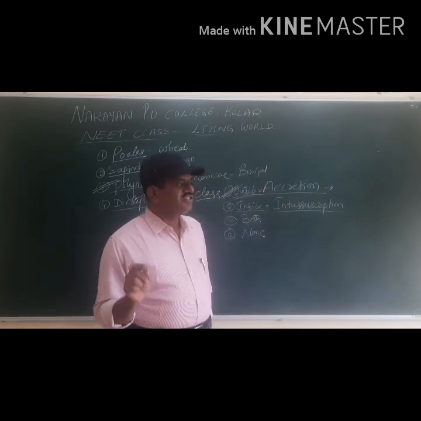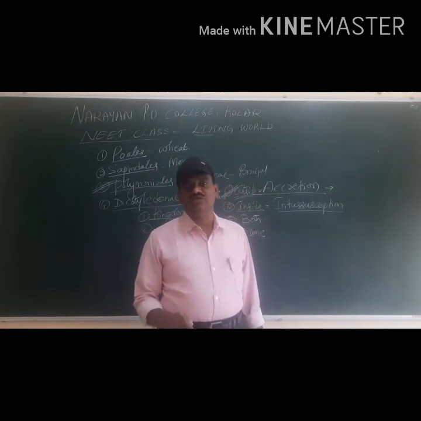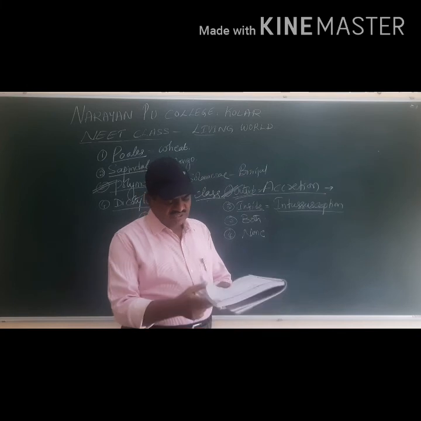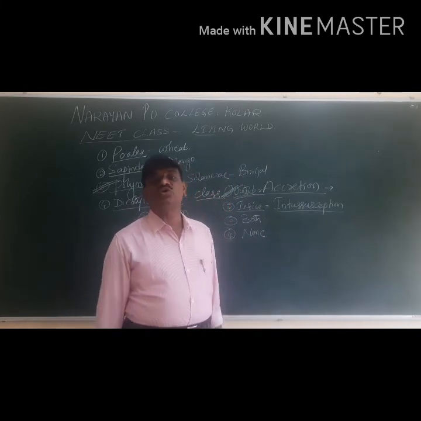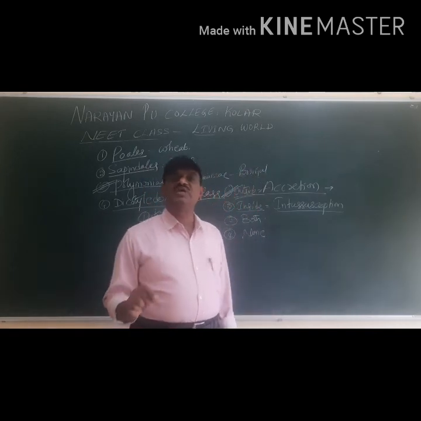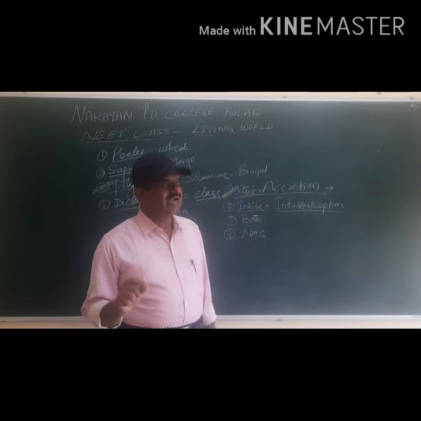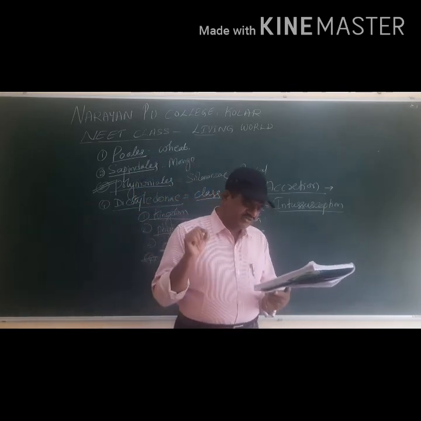Again, ecology is a branch of science that deals with the study of the surrounding environment. Even this never comes under classification. The third one is taxonomy. Taxonomy is a branch of science used for naming and classification of an organism. Hence the right answer is taxonomy.